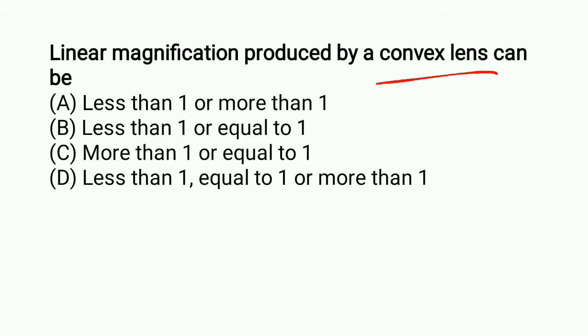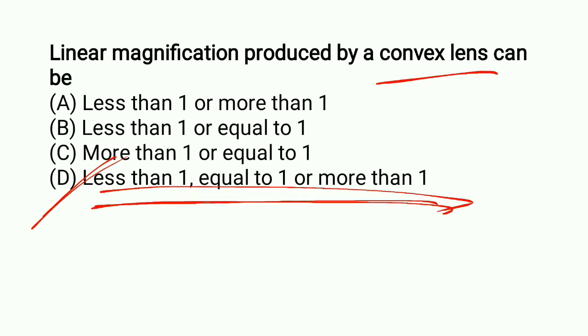So here option D, less than 1, equal to 1, or more than 1, is the correct answer, because a convex lens can produce all sizes of image: diminished, highly diminished, same size, and enlarged.